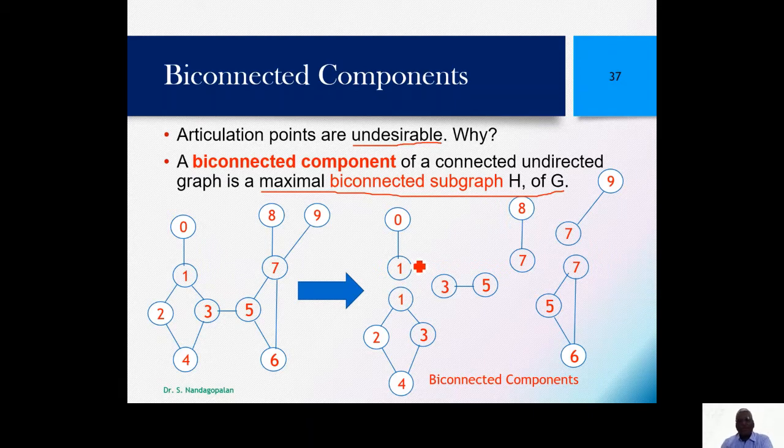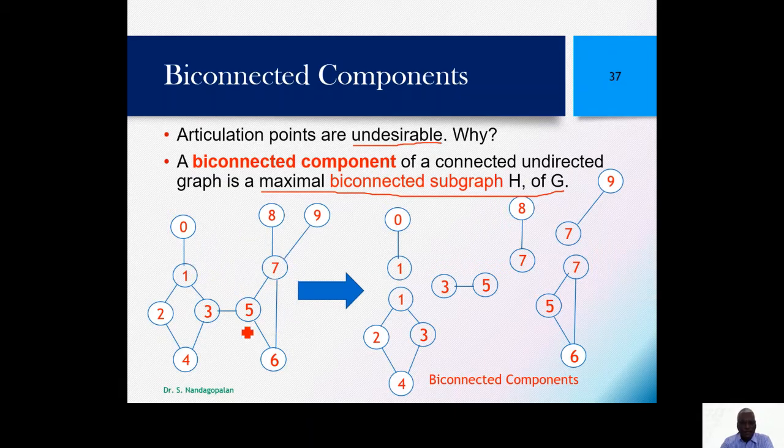We have to explain this carefully, because all the concepts come into the picture: articulation point, biconnected graph, then biconnected subgraph, and then biconnected component. So don't get confused. No problem, we can explain that very easily.